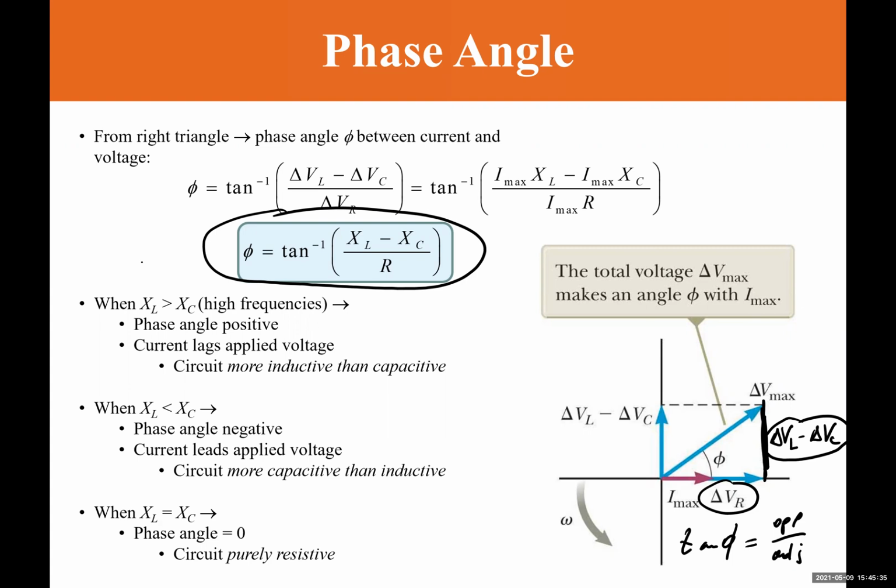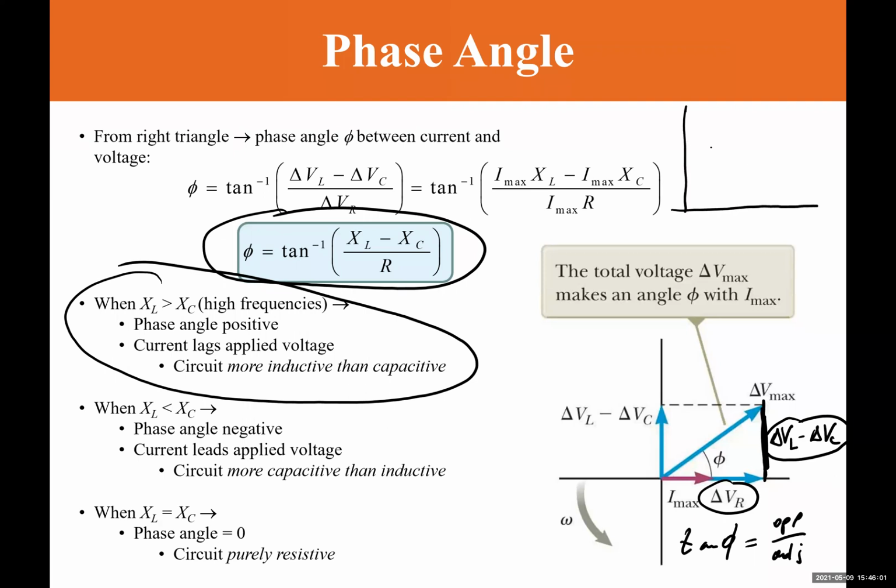Okay. Now, from here we have this. When X sub L is greater than X sub C, you're dealing with high frequencies, because high frequencies represent much higher inductive reactance than capacitive reactance. We can see that from this diagram. So let me do this here.